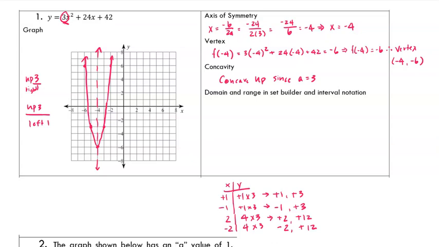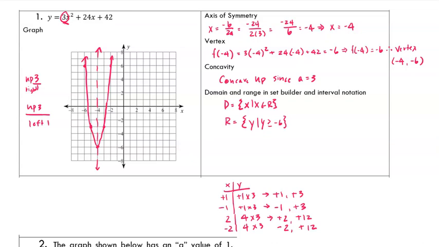Okay, so domain and range and set builder and interval notation. So domain is easy: x such that x is an element of all real numbers. Okay, and then range, you can see that it is going to be the lowest point, y such that y is greater than or equal to -6.